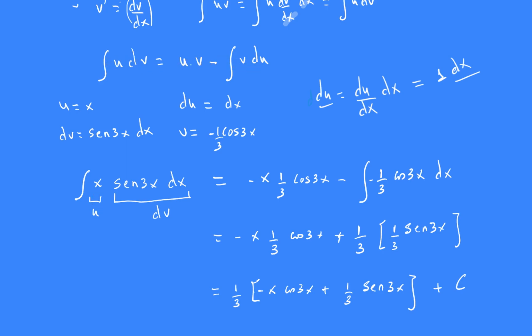u is x, dv is sine of 3x dx, equals u, x, times v. V is minus 1/3 cosine of 3x, minus the integral of v, minus 1/3 cosine of 3x, times du, dx. So this is the equation.